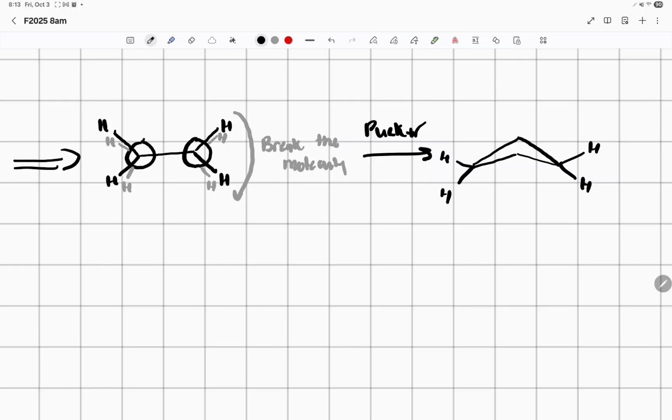So let me draw a different view of that. I'll draw that as a Newman projection.